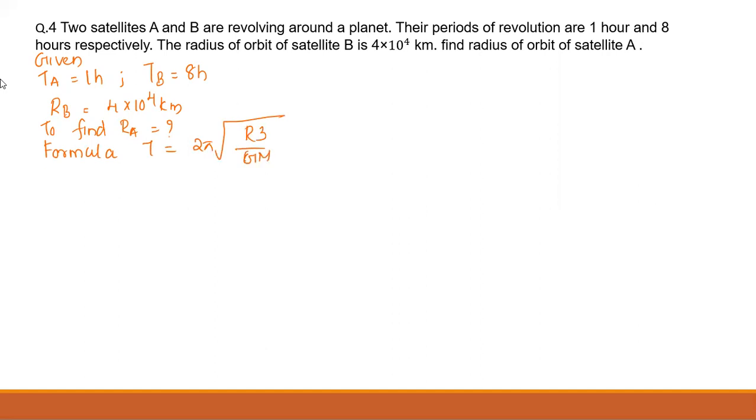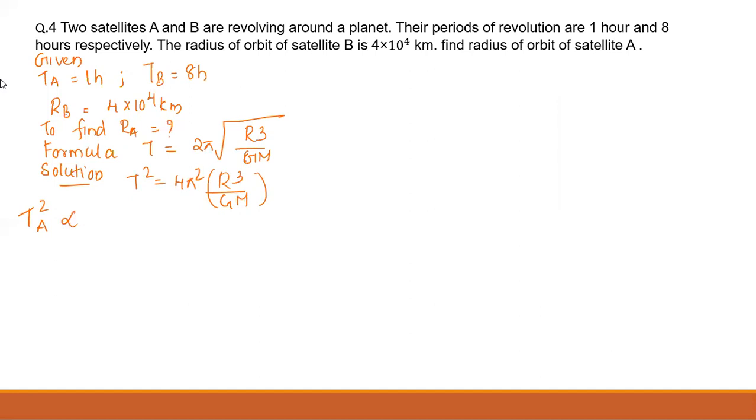To remove the root, squaring on both the sides, we will get T square is equal to 4 pi square into R cube upon GM. 4 pi square upon GM is a constant for the planet.